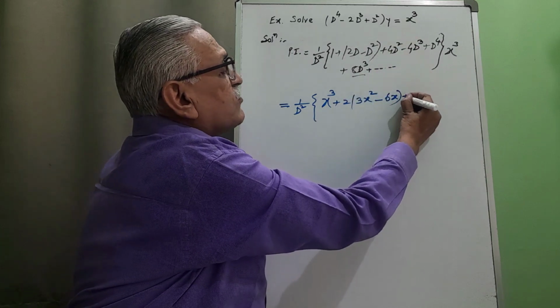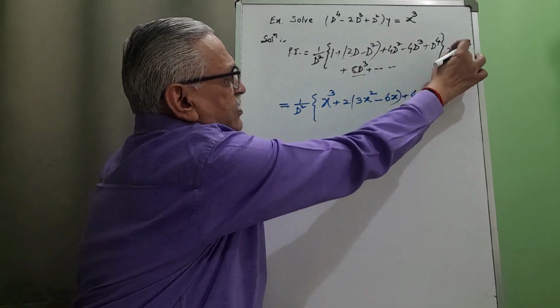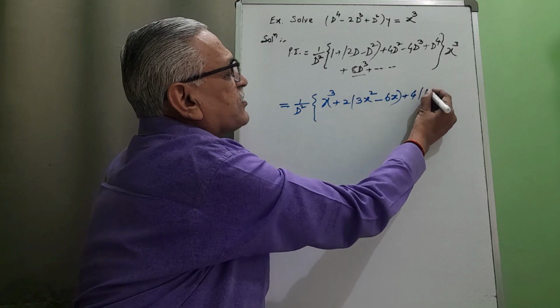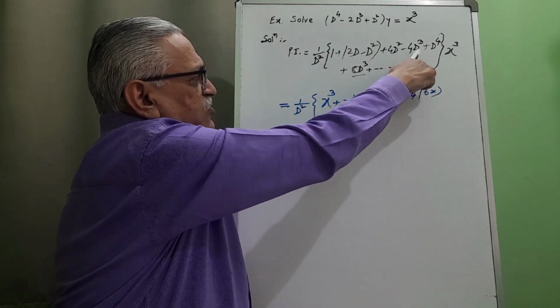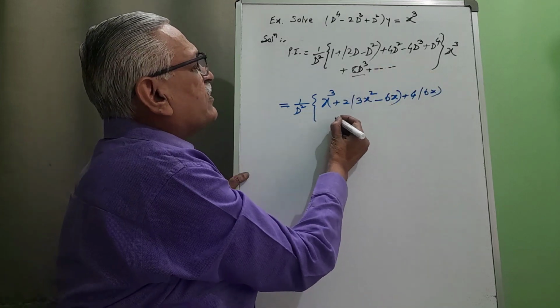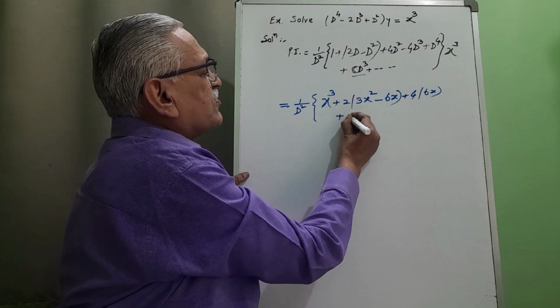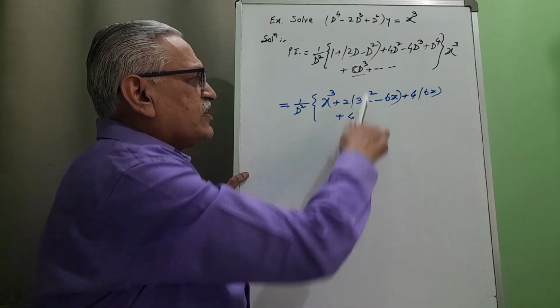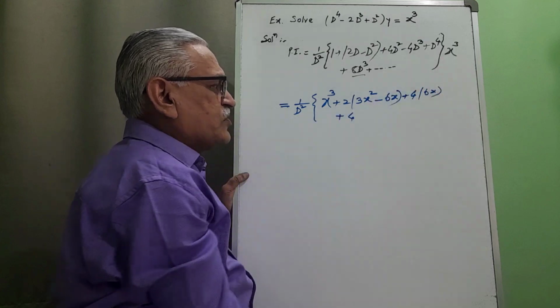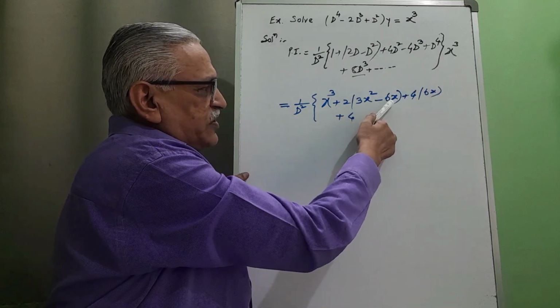Plus 4 into d square of x cube. Second derivative is 6x. This is minus 4d cube plus 8d cube, we get plus 4 times d cube, meaning third order derivative of this x cube. This one is the first, this one is second.